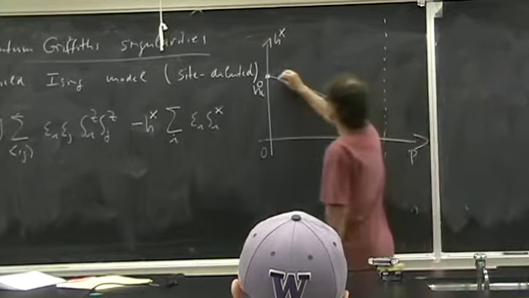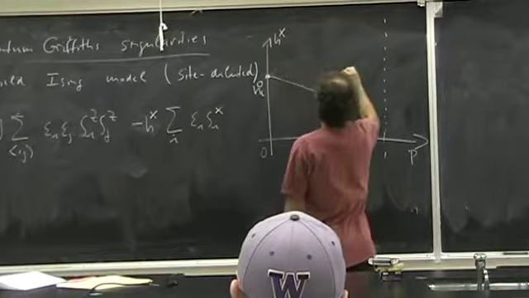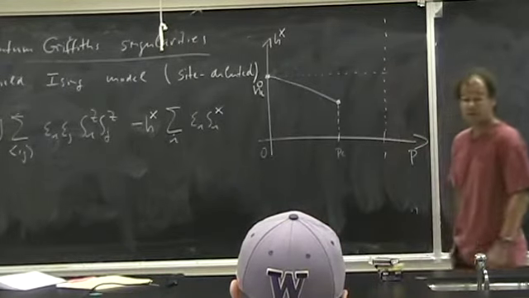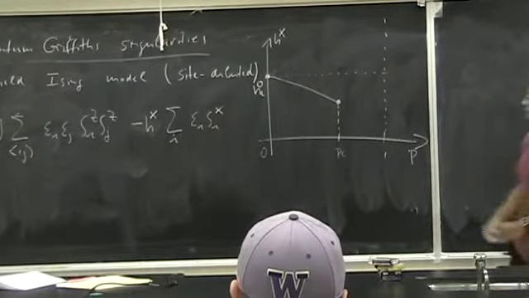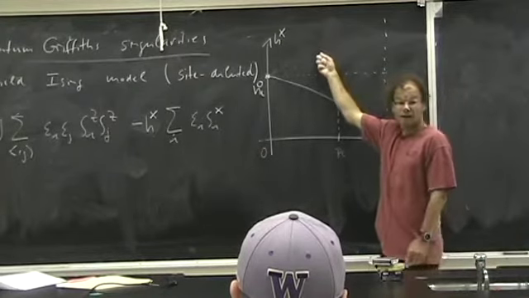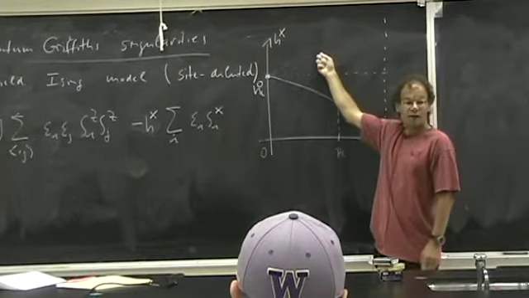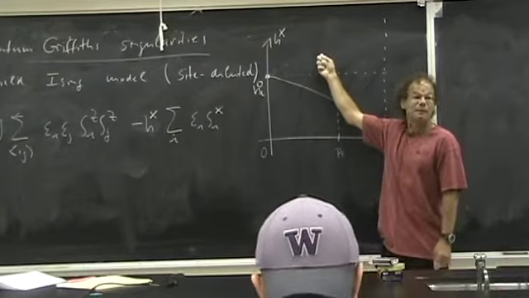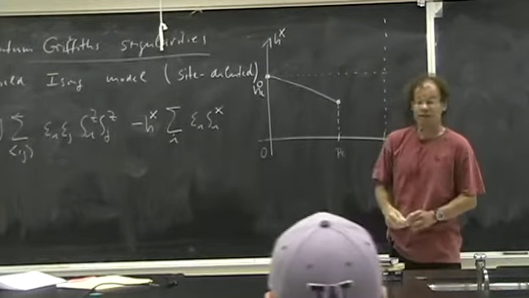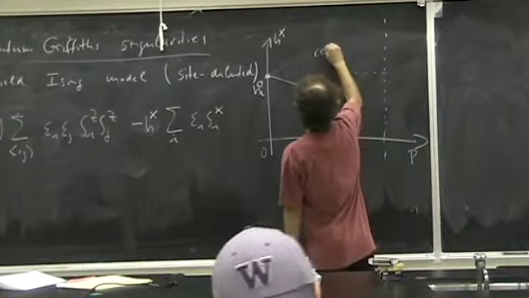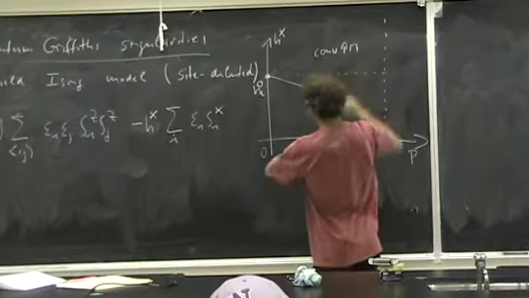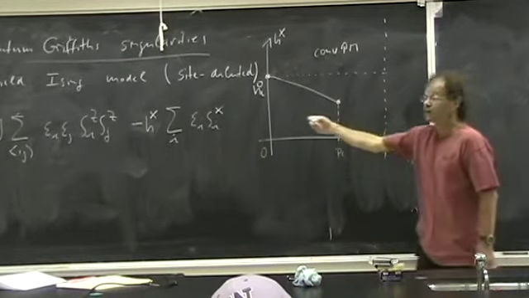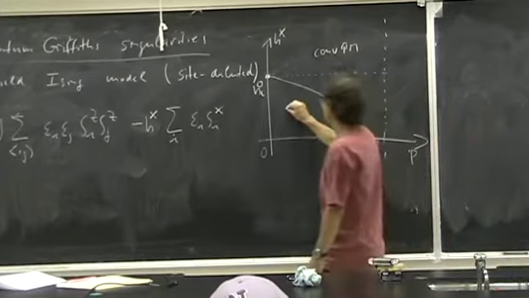I can draw this line here. And now this gives me a Griffiths phase, because if I'm up here, no matter where I am in the sample, I will always be paramagnetic. So up here, that's a conventional paramagnet. Down here, I'm in the ferromagnetic phase.